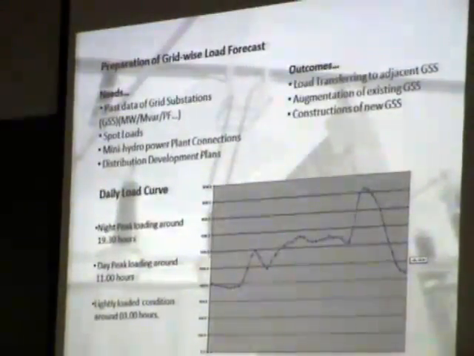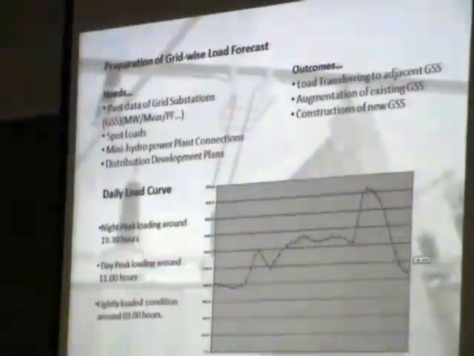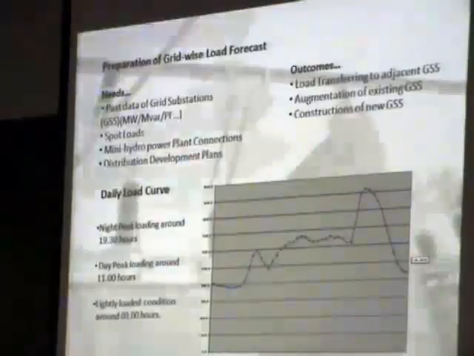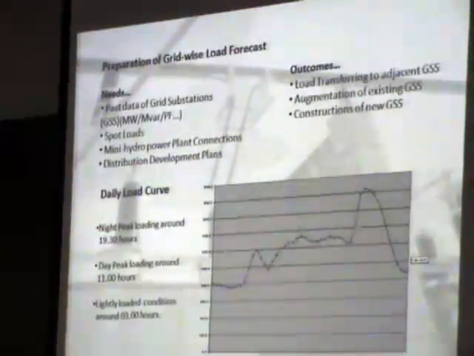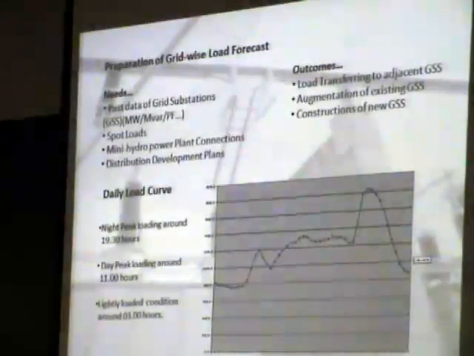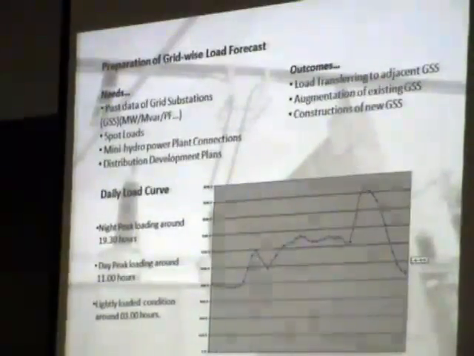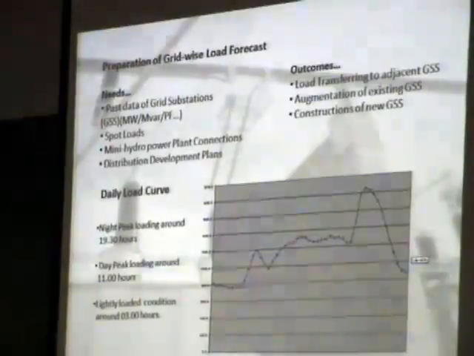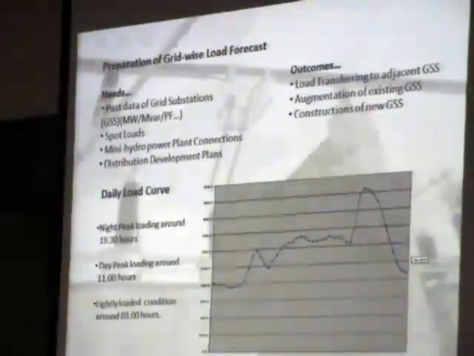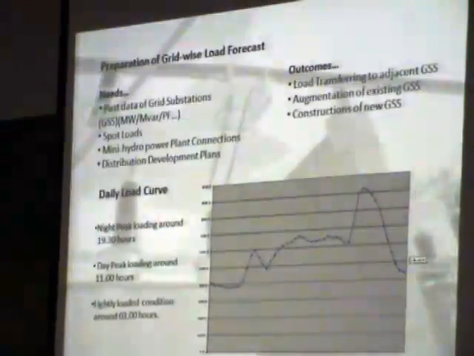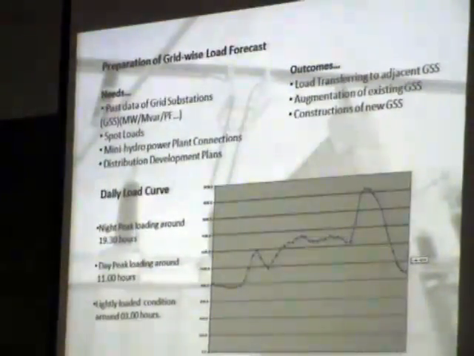That is spot load. Then the mini hydro power plant connections, because most of the mini hydro plants are connected to the distribution network, so from the grid substation we can measure that. We have to get all the information about the mini hydro power plants, which grid substation and which grid feeder they are connecting to, and also the distribution development plan.